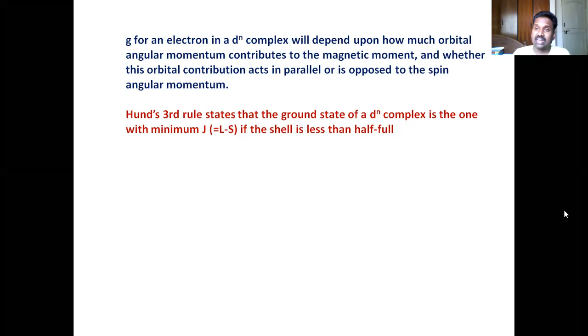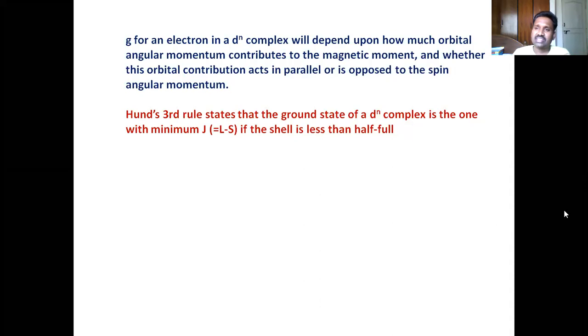Which is the ground state depends on whether the system is less than half filled, half filled, or more than half filled. For systems from d1 to d4, the ground state is the one where J is minimum. When you are coupling J, you couple L and S, L plus S, and you go on doing the same thing like you did for two l's, small l plus small l.